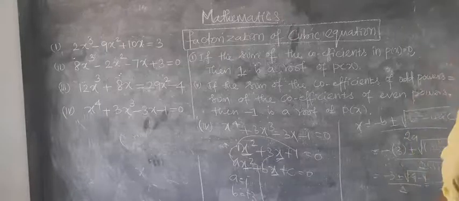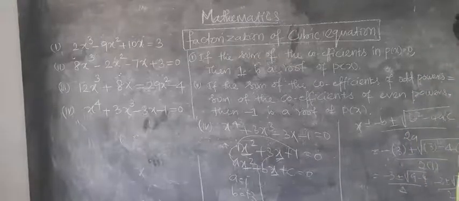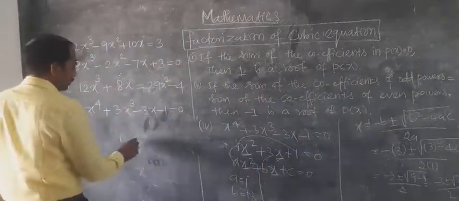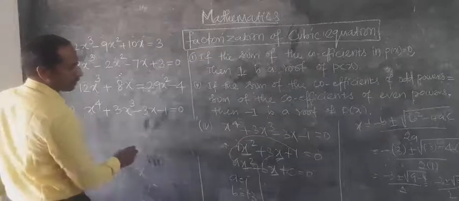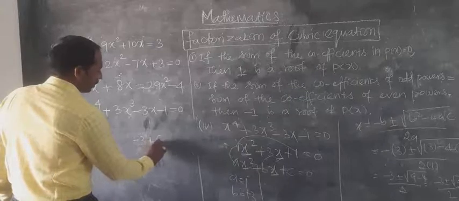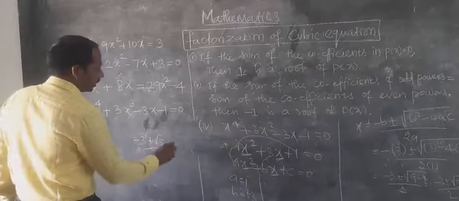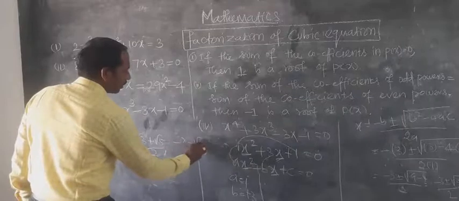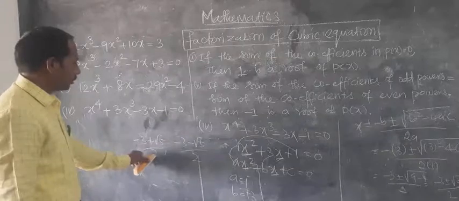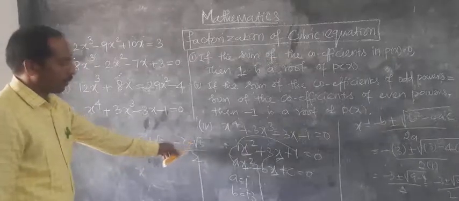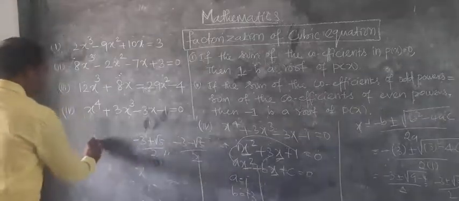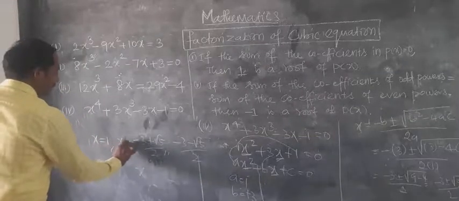So these are the roots of the equation. Now what are the factors? Just simplify and separate it. Minus 3 plus root 5 divided by 2 is one value. Minus 3 minus root 5 divided by 2 is the other. These are the two, and the previous x equal to 1, x equal to minus 1.